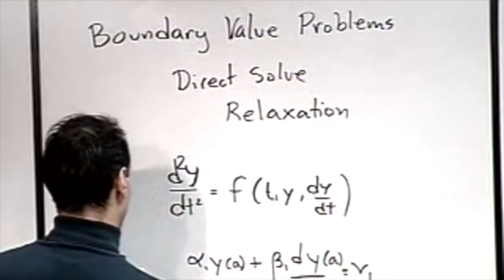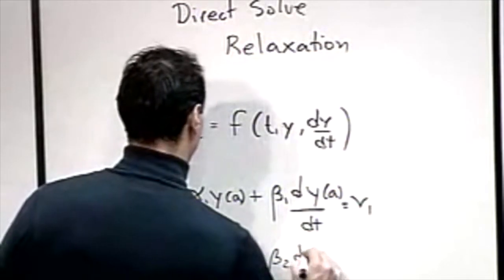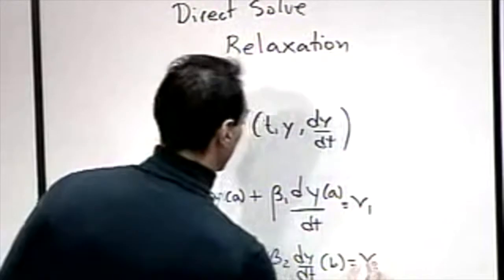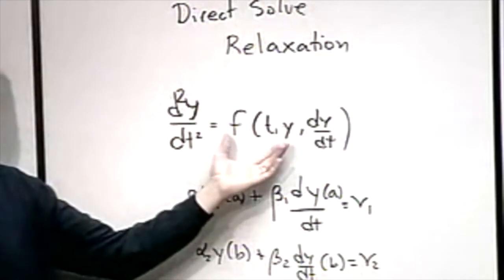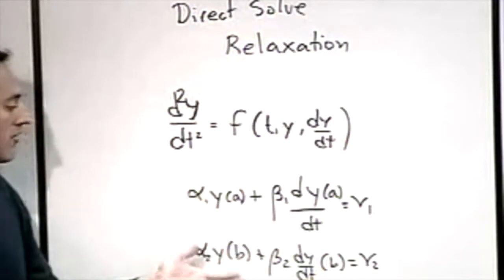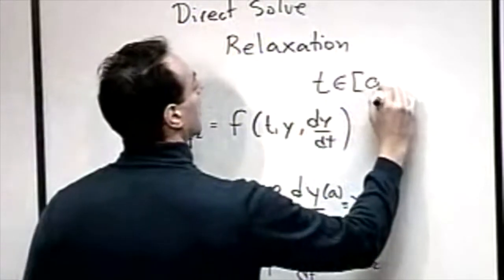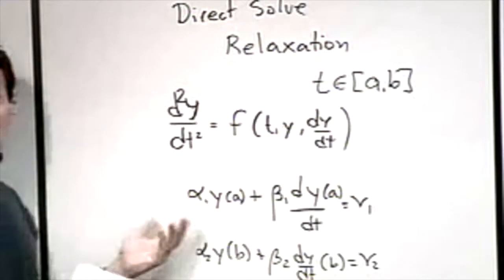So these are very general boundary conditions, but just as before, you can consider the general case, and what we'll do here in class is consider more specific cases. But this is the general setup. You have some nonlinear differential equation. We're going to just consider second order for now, on some domain where t is in an interval a to b, and on the left you have this boundary, on the right you have this boundary.